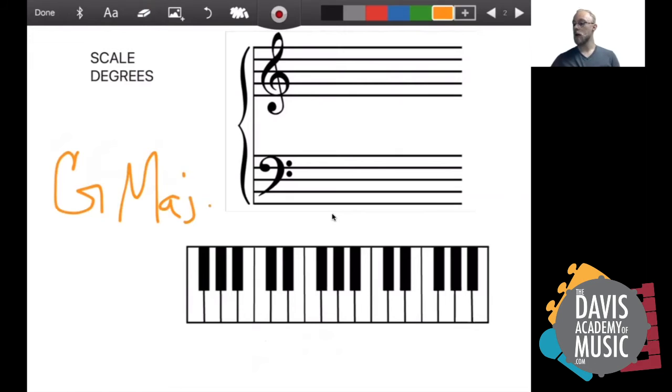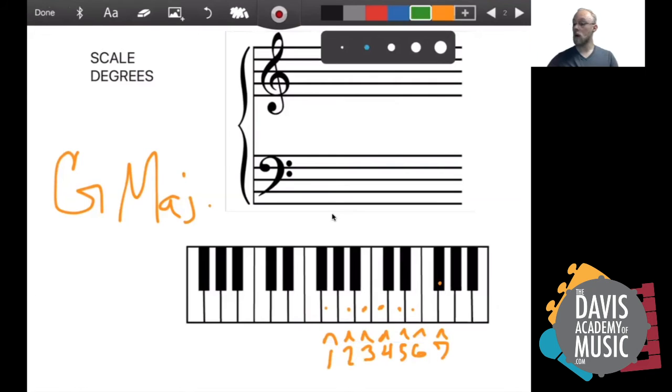In fact, our G would be scale degree 1, and then our A would be scale degree 2, B would be scale degree 3, C would be 4, D would be 5, E would be 6, and F sharp in this case would be number 7, and then back at G we start over at 1. So we can see how the scale degrees are actually relative to the key that we're in.